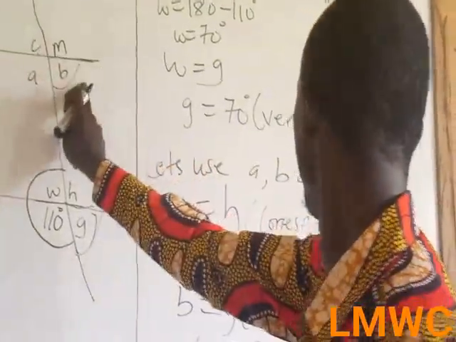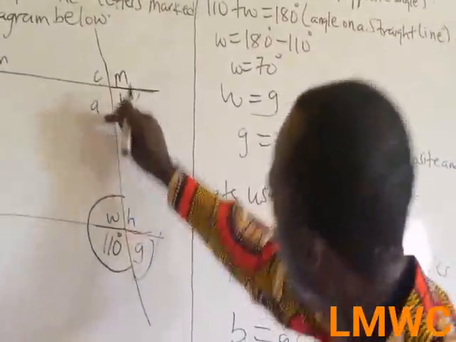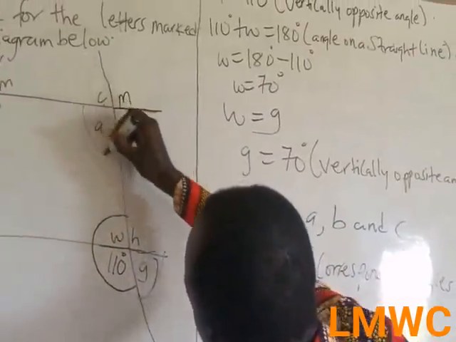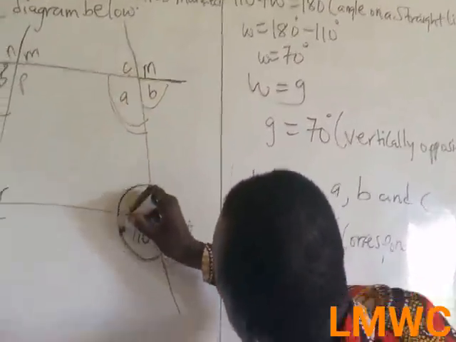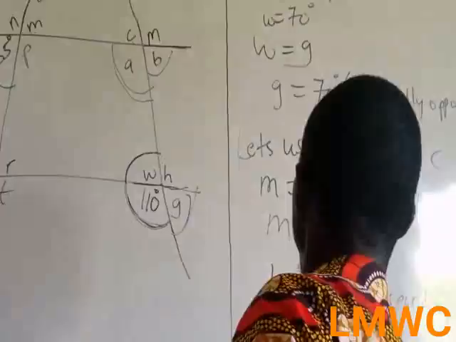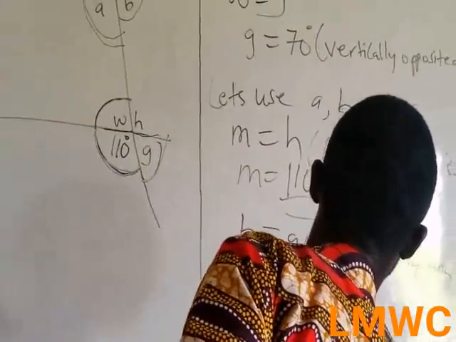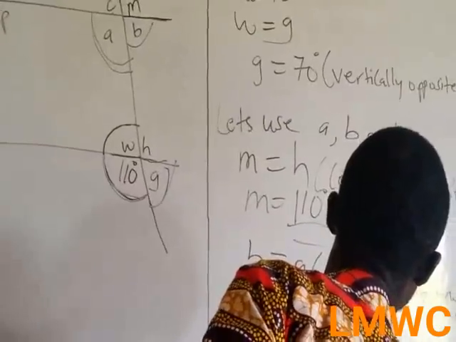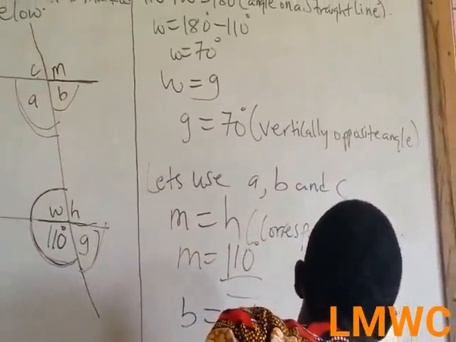So we know our B, we know our M. What is C and A? A is equal to 110. This corresponds to this. This is at the bottom, this is at the bottom. Once you see the left hand side. So A is equal to what? 110 degrees, corresponding angles. So you see, I'm using corresponding angles throughout because I know what I'm doing.